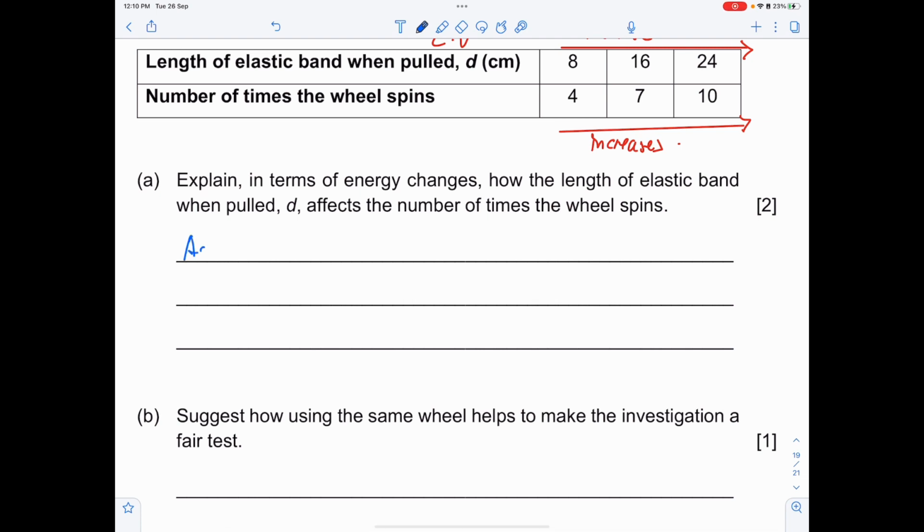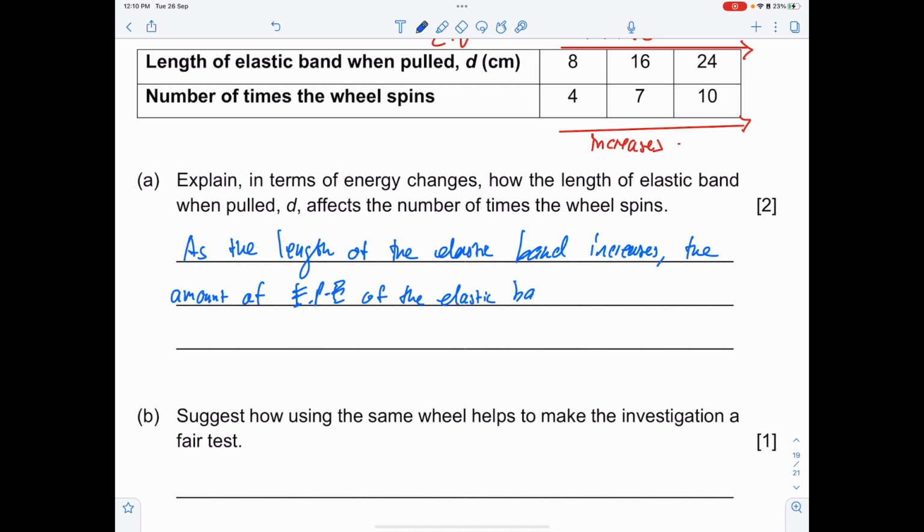So as the length of the elastic band increases, the amount of EPE, elastic potential energy of the elastic band increases.